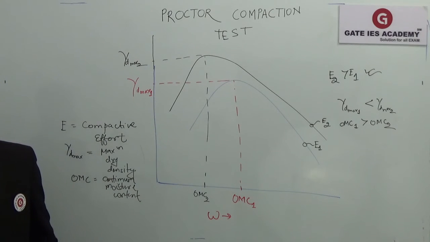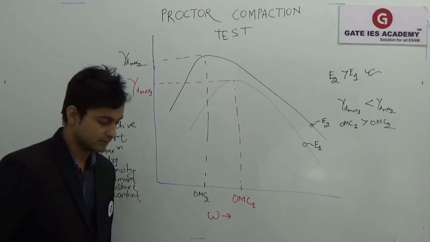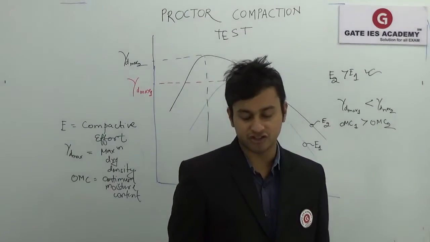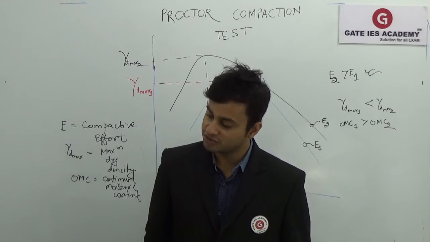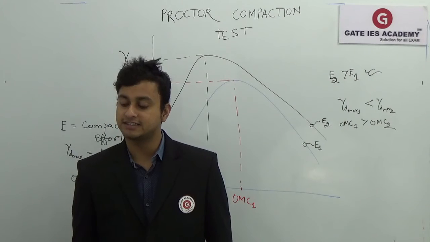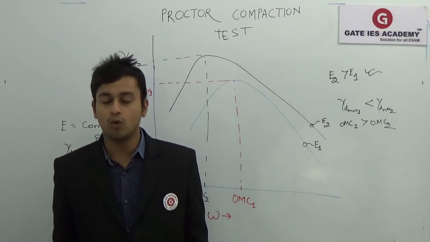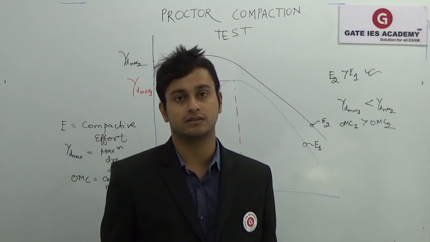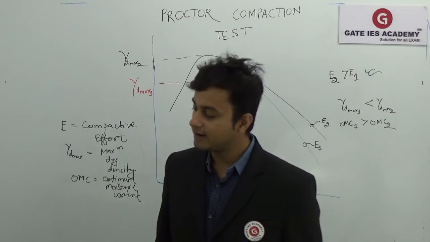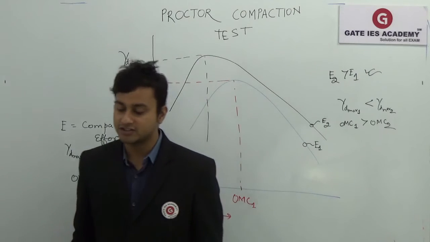Next, write down. At low moisture content, soil is stiff and more resistant to compaction.